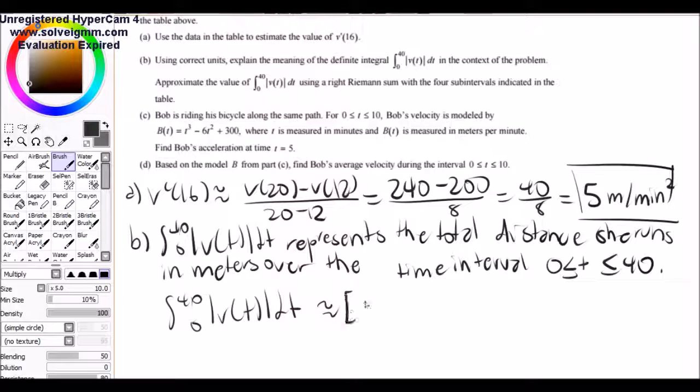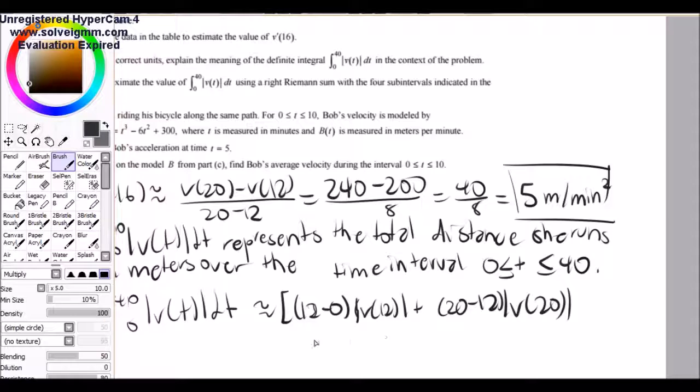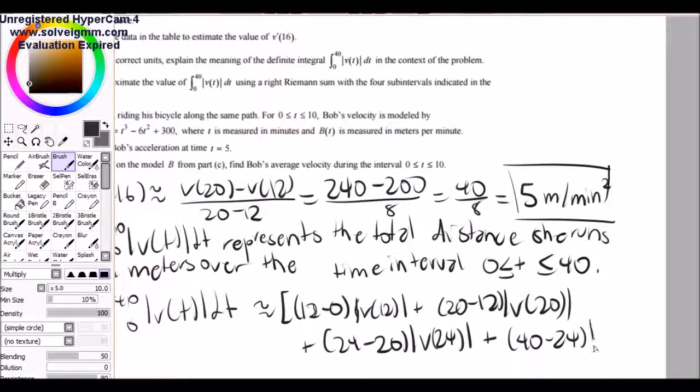So it would be 12 minus 0 times the absolute value of v(12), plus 20 minus 12 times the absolute value of v(20), plus 24 minus 20 times the absolute value of v(24), plus 40 minus 24 times the absolute value of v(40).